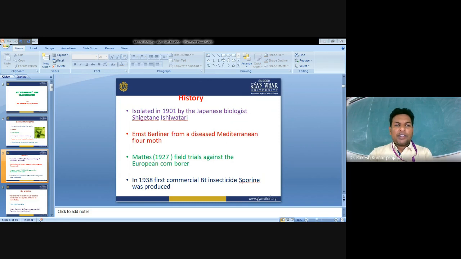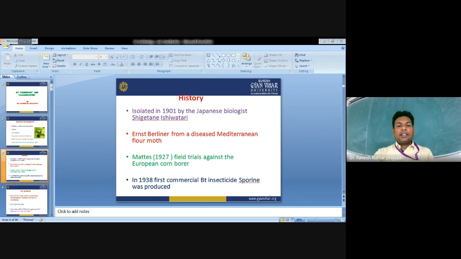Then in 1911, the German scientist Ernst Berliner re-isolated Bt from moth caterpillars collected from Thuringia in Germany. Berliner concluded that Bt has specific toxic proteins against certain insect pest larvae.